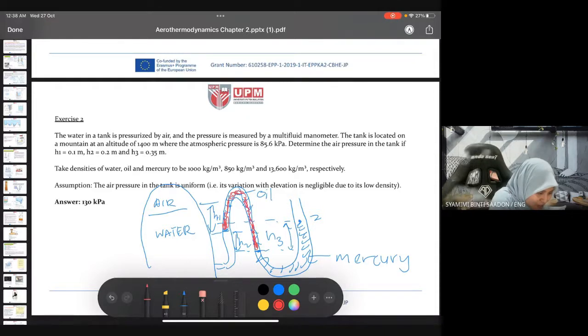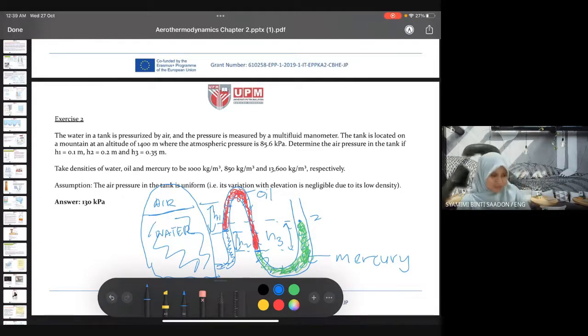This is oil. This is oil. This is mercury. Mercury. Mercury. And you have water here, water below. All of this is water, until here. Okay, try to solve that one.